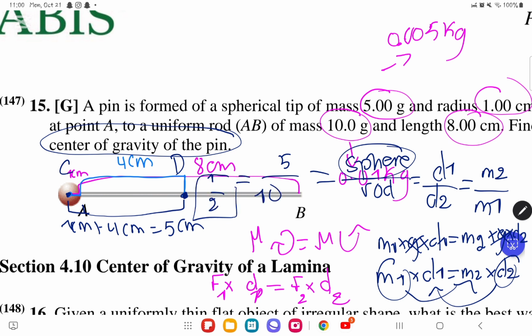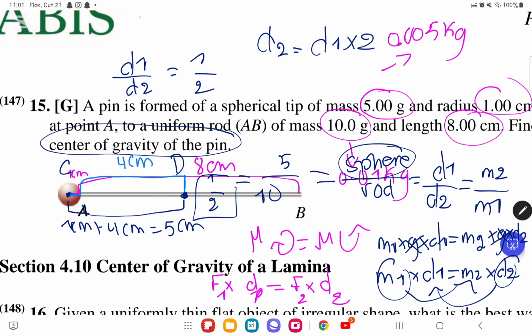So now we have that the distance from the final center of gravity to the rod's center of gravity over the distance to the tip center is 1 over 2. So that means distance 1 over distance 2 is equal to 1 over 2. So distance 2 is equal to distance 1 times 2.